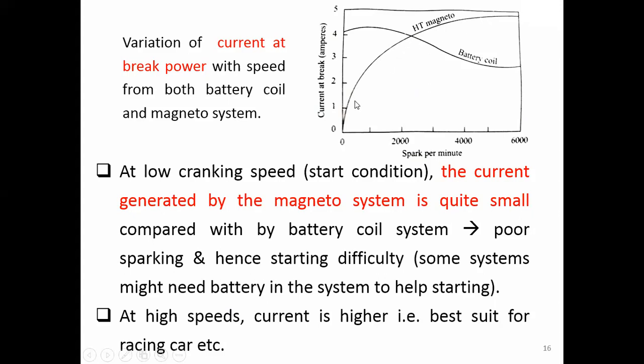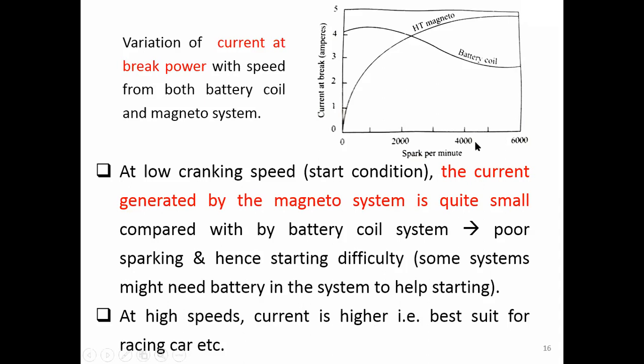So that's why this system is good for the racing car, because the normal operation of the racing car is always at high speed, compared with the passenger car, whose normal operation is normally at middle speed, not at high speed.